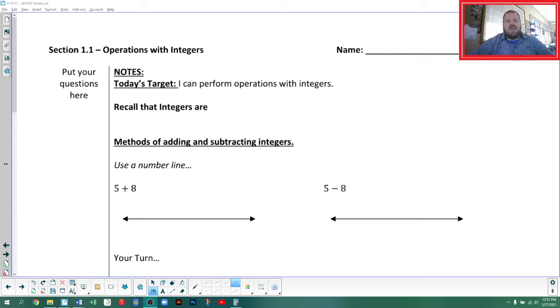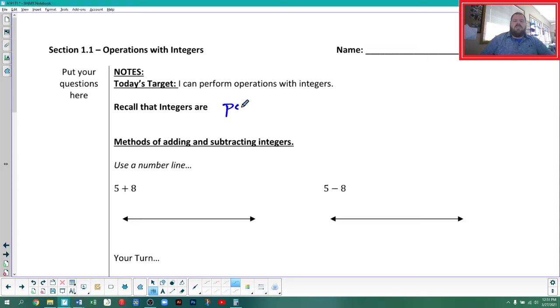So the first day's target is performing operations with integers. And we want to recall that integers are positive and negative whole numbers.